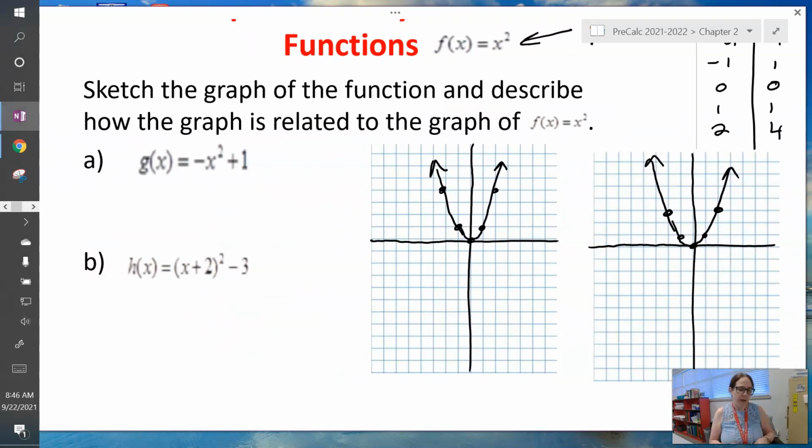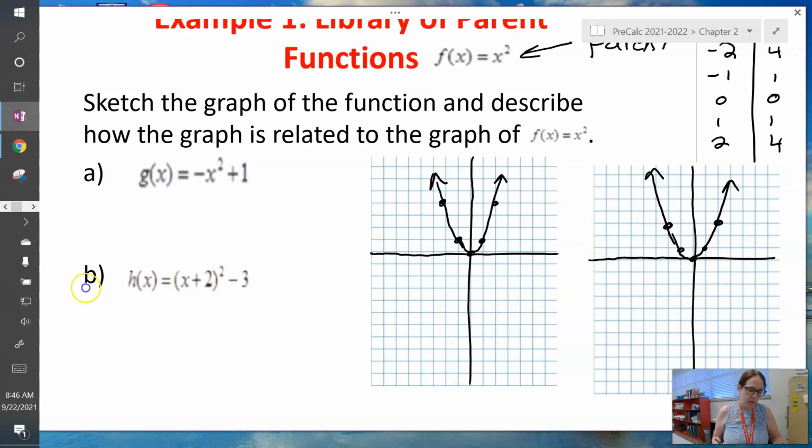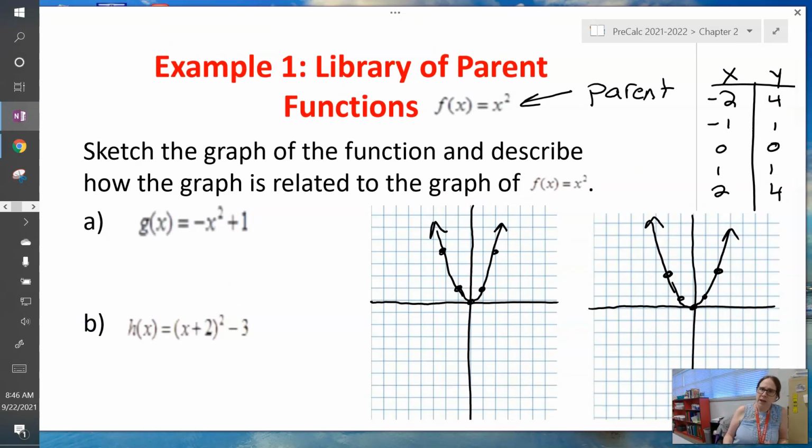Now, example A asks us to describe how the graph of g of x, which is -x squared plus 1, is related to the graph of x squared. And so we're going to use a, h, and k to decide how it's related.